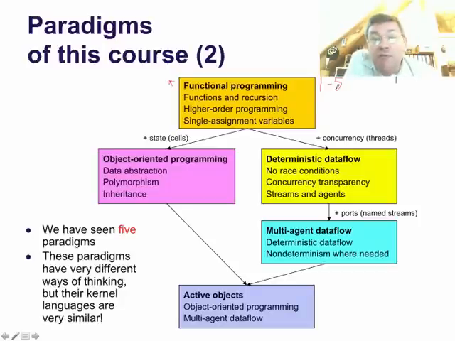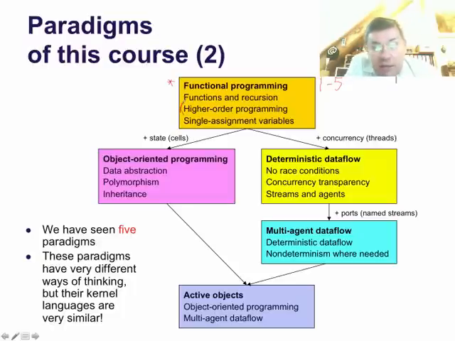It's also because functional programming is a base, a foundation for the other paradigms, and the technique of higher order programming in particular pervades all the other paradigms and gives them a lot of power. So functional programming is very important, and it's mostly because of higher order programming.